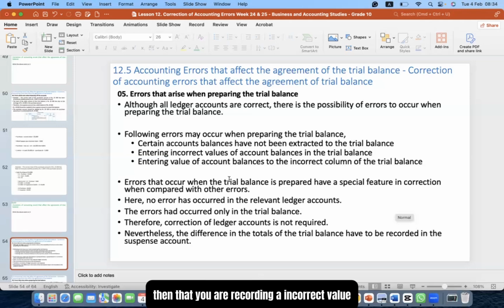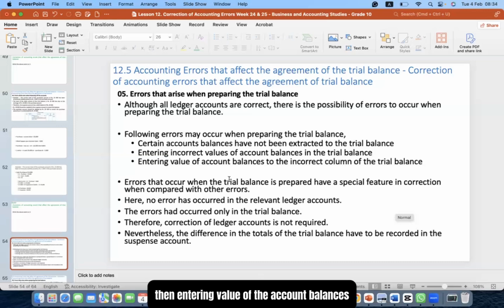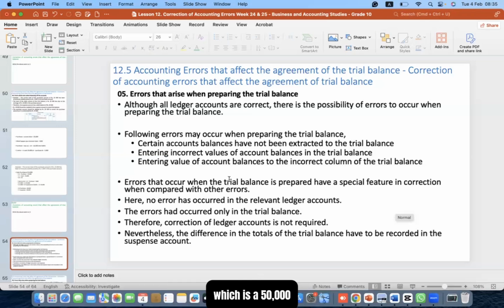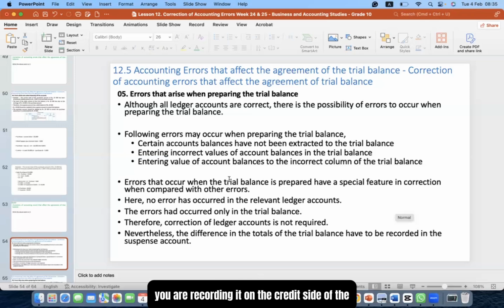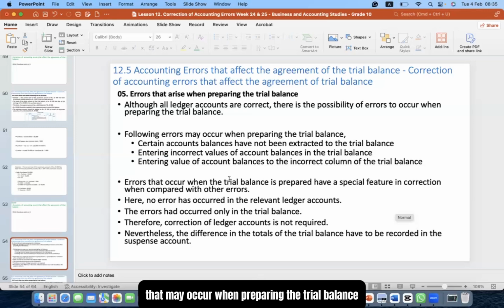Then you are recording an incorrect value. Then entering the value of the account balance in the incorrect column: for example, you have a debit balance in the purchases account, which is 50,000, and you record it on the credit side of the trial balance. So these are the errors that may occur when preparing the trial balance.